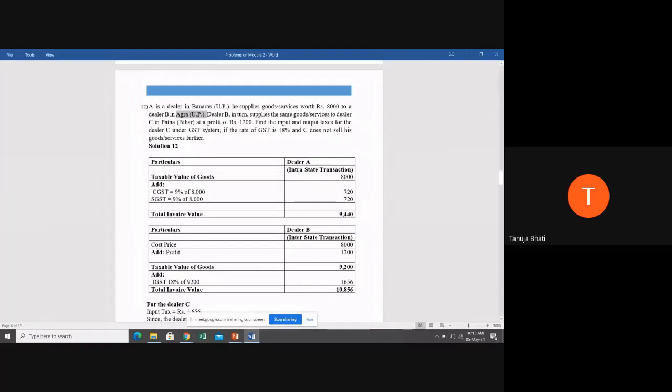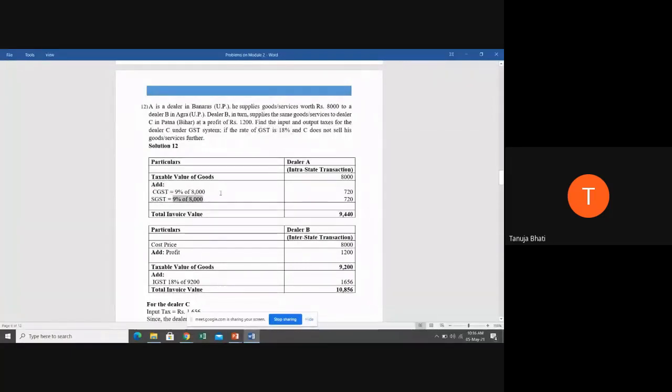So let us solve the problem. First, we are going to see for dealer A. It is an intrastate transaction because dealer A and B both are in the same state. The taxable value of goods is 8,000 rupees as mentioned in the problem. Since dealer A and B are in the same state, we are going to charge the GST as CGST and SGST. Since the GST rate is 18%, half of 18% becomes 9% CGST, 9% SGST.